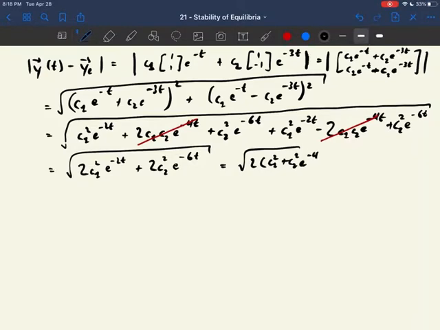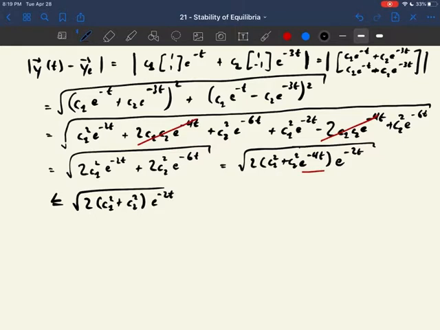And we can factor out a 2, c1 squared plus c2 squared, e to the minus 4t times e to the minus 2t. So we just factored out the 2 from the front and the e to the minus 2t from the back.